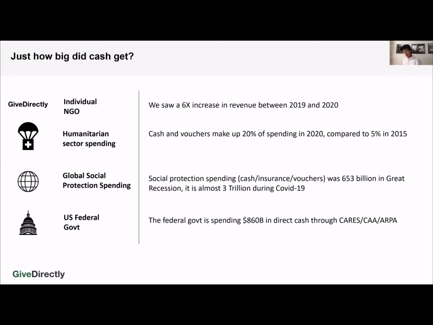At the individual NGO level, we literally saw a 6x increase in revenue from 2019 to 2020. In the humanitarian sector, cash and voucher transfers in the last 5 years have gone from 5% to 20% of total humanitarian spending.